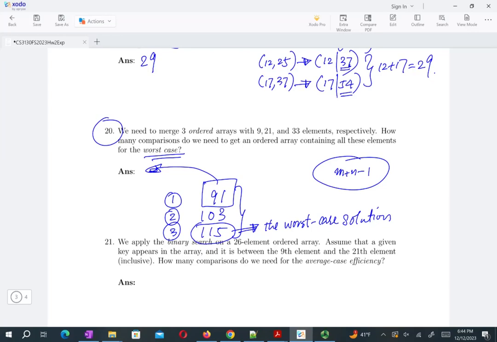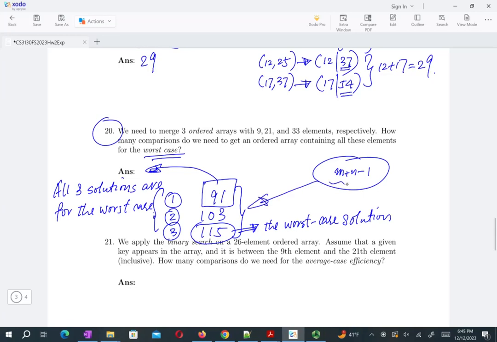So let me clarify. All three solutions are for the worst case, because in all three solutions we apply the worst case formula.